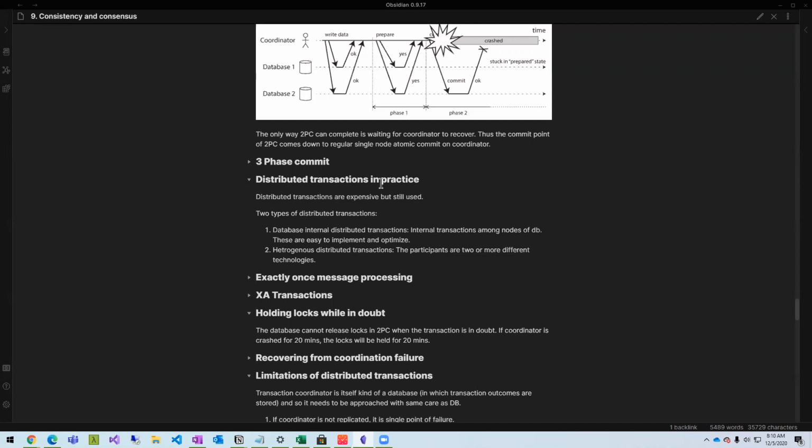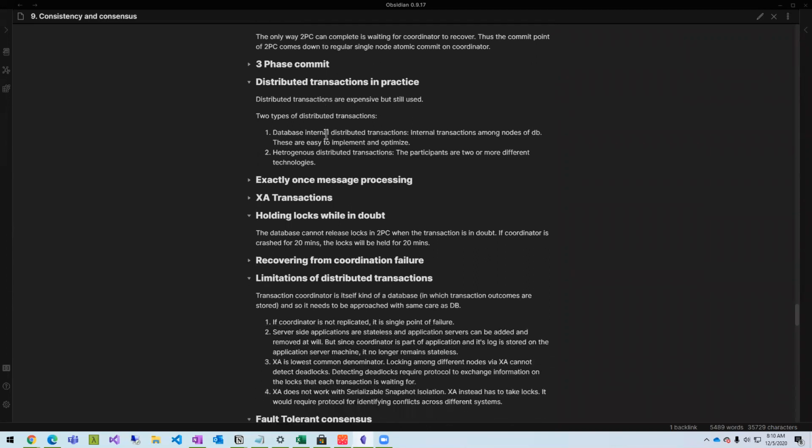And to find a deadlock, those things are implemented within a single node. Databases have mechanisms to find deadlock scenarios within a single node, but between multiple nodes, most databases don't have that support.